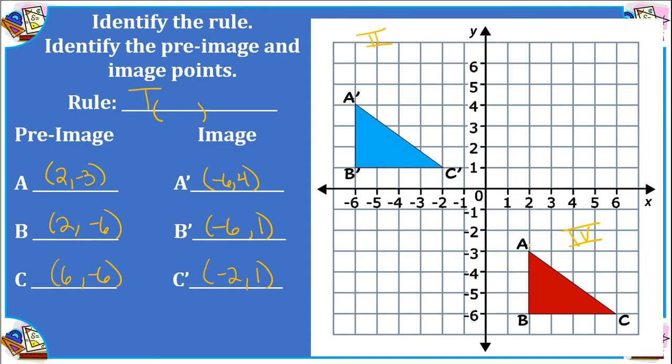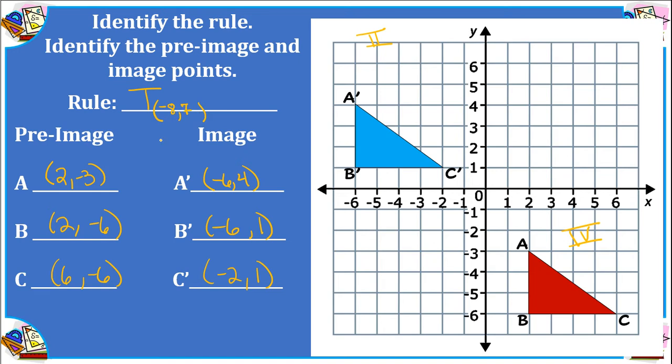Let's take A to A prime. The triangle was slid 1, 2, 3, 4, 5, 6, 7, 8 units to the left. So that's -8. Then it was slid 1, 2, 3, 4, 5, 6, 7 units up. So this is the rule, -8, 7. And again, that is not an ordered pair, it's just your rule.